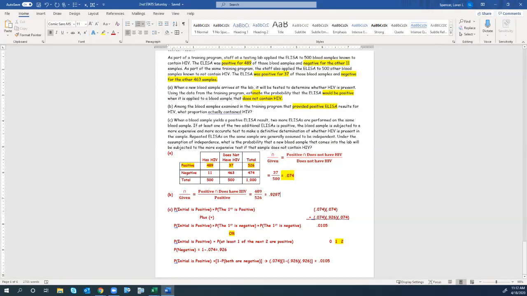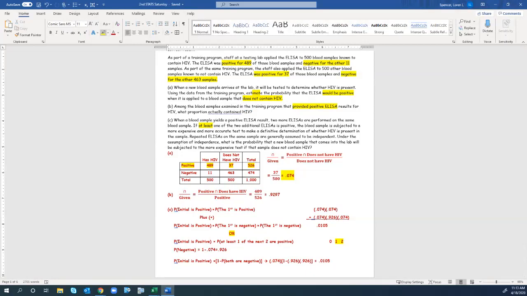So part C. When a blood sample yields a positive ELISA test, 2 more ELISAs are performed on the same blood sample. If at least one of the two additional is positive, and here's that phrase, at least one of the two is positive, the blood sample is subjected to a more expensive and more accurate test to make a definitive determination of whether HIV is present in the sample.